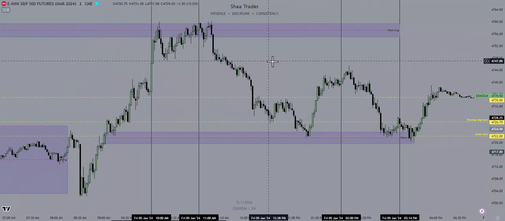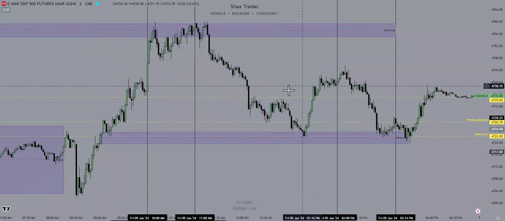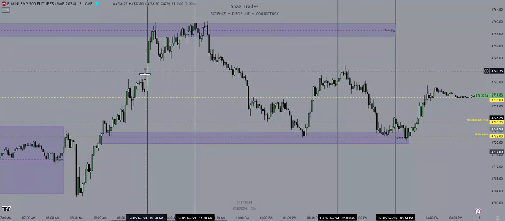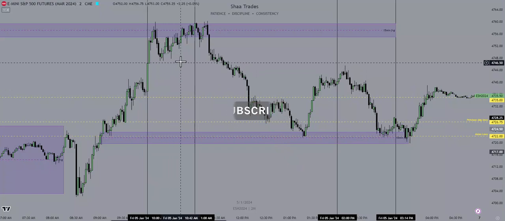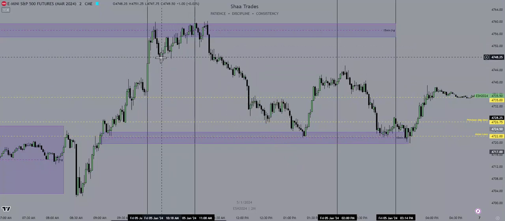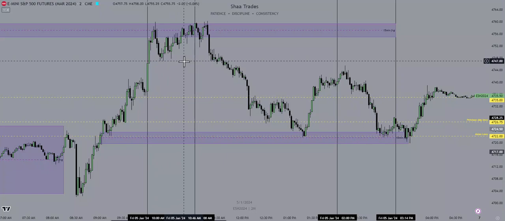Now let's drop down. As I said, I like to take my setup off the 2 minute chart. So in this time frame here of the 10 to 11, I didn't see anything. And usually what's most important, right, is that we have to protect our capital. That's very important.